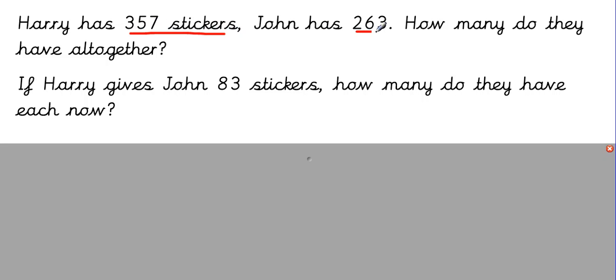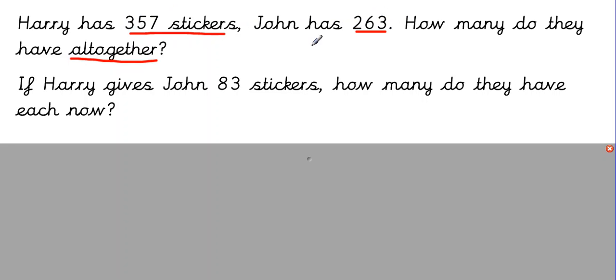John has 263 stickers. We want to know how many they have altogether. So we need to do an addition because we want to know the total amount of stickers that they both have, okay? So you would do 357 add 263.